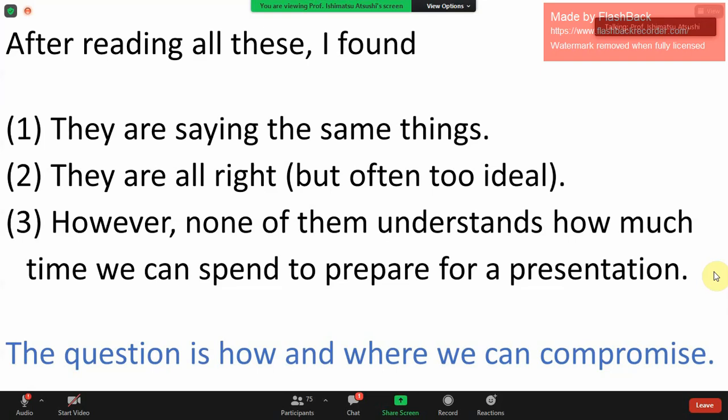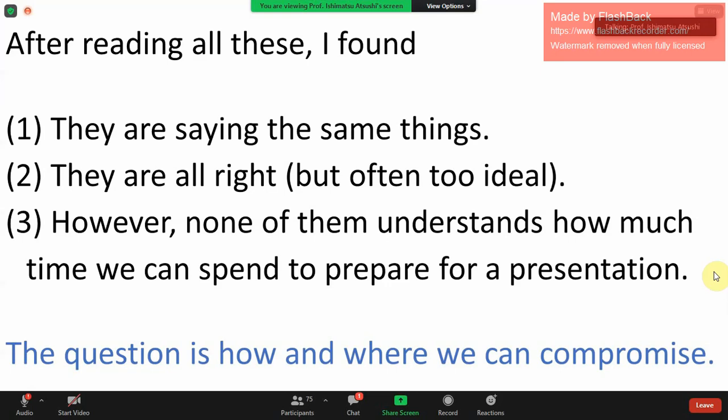But in parentheses, I put they are often too ideal because they do not really understand how much time we can spend to prepare for a presentation. You know, we have to do many other things, right?